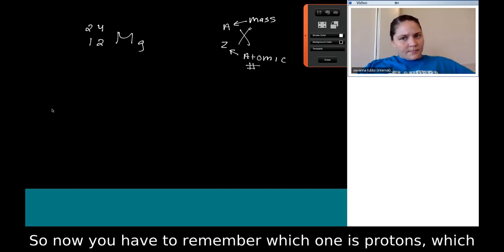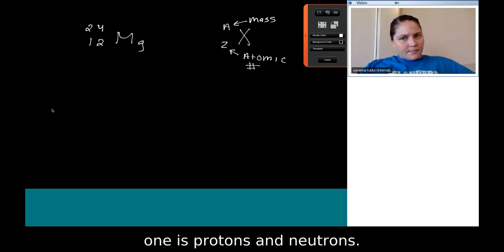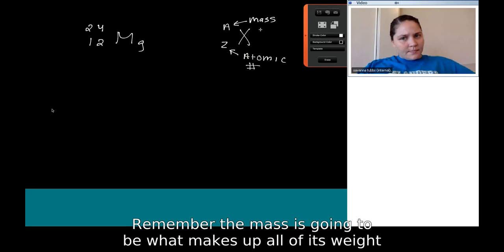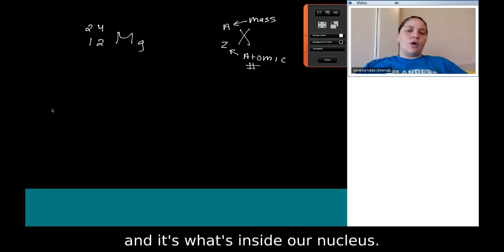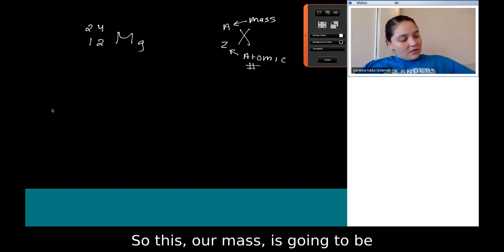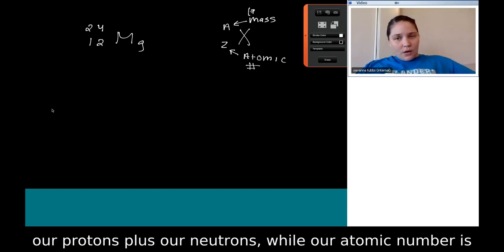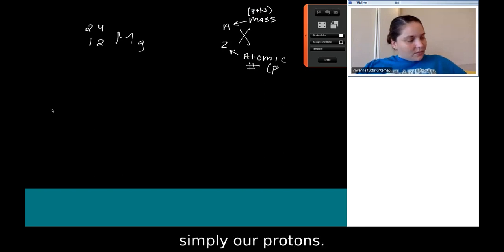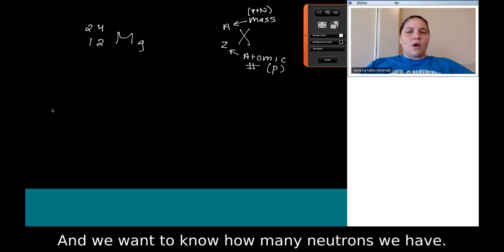Now you have to remember which one is protons, and which one is protons and neutrons. Remember, the mass is what makes up all of its weight, and it's what's inside our nucleus. So our mass is going to be our protons plus our neutrons, while our atomic number is simply our protons. And we want to know how many neutrons we have.